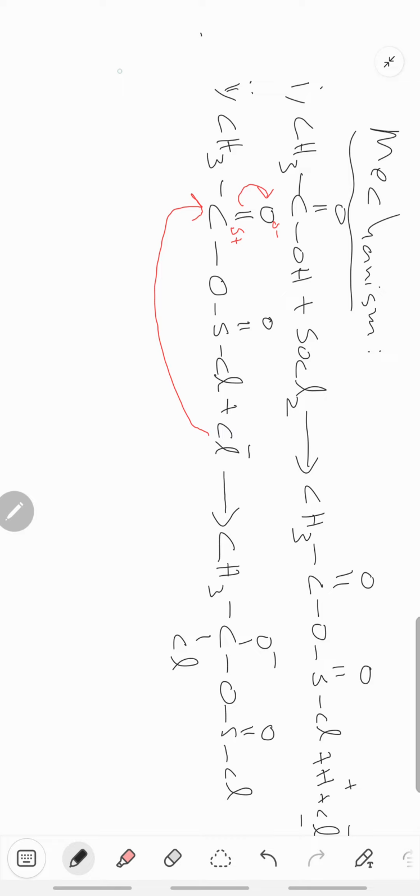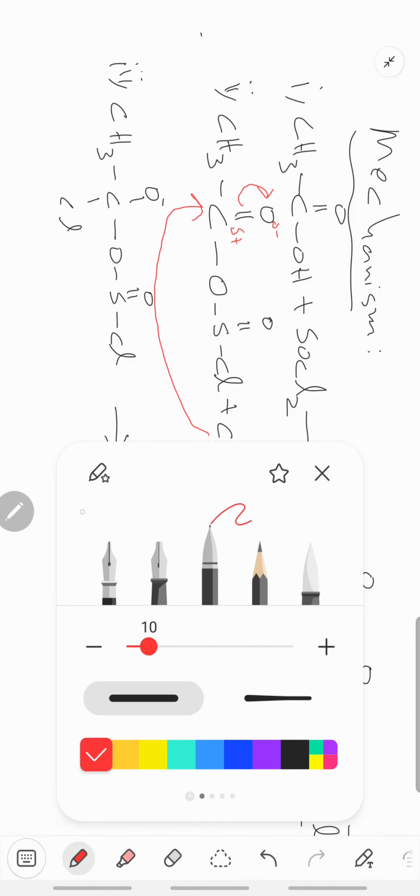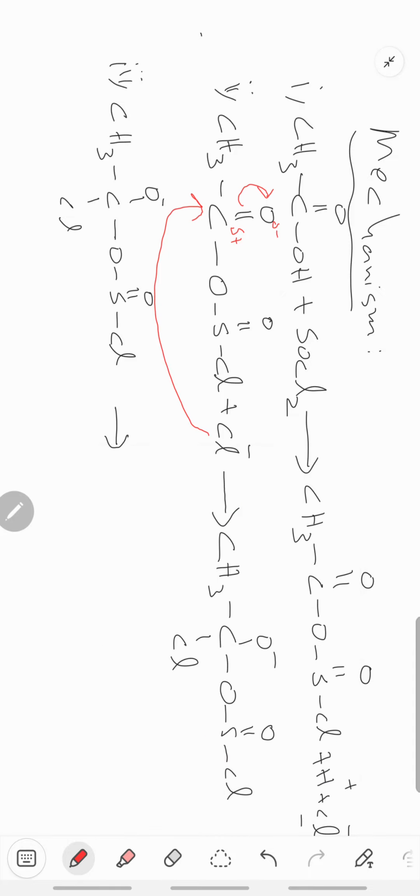Now the third step. I take my product here, CH3C(O-)(Cl)-O-S(=O)Cl. What will happen now? Let's change the color again and see.